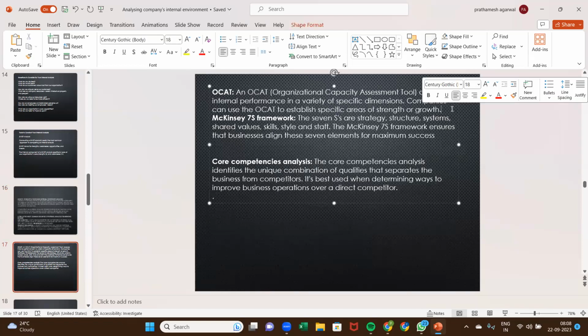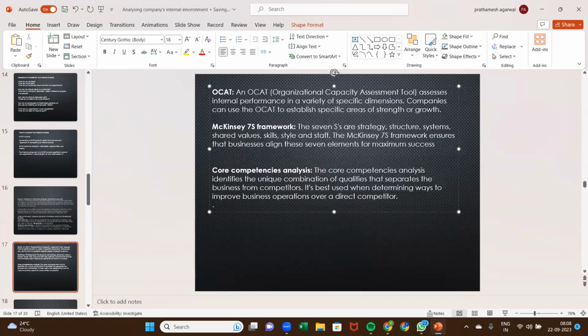Now, I would encourage you all to read about the McKinsey 7S framework, which even I will be taking. The 7S are strategy, structure, systems, shared values, skills, style, and staff.